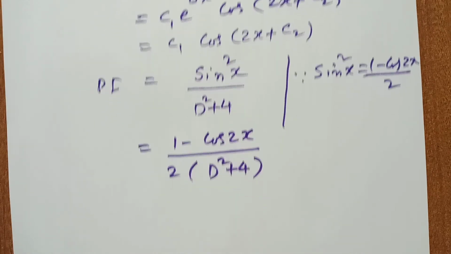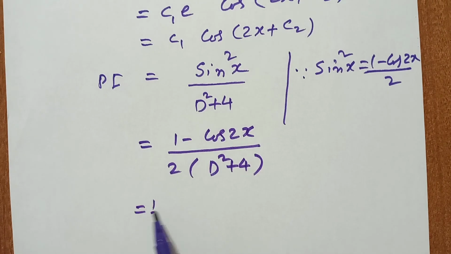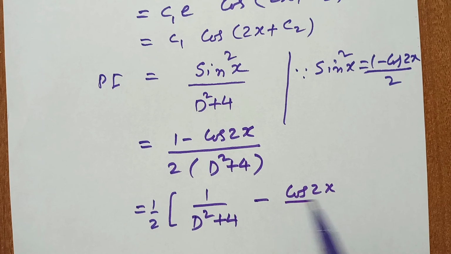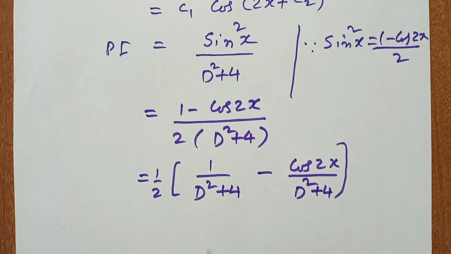Okay, so here this equals 1 by 2, 1 upon d square plus 4 minus cos 2x upon d square plus 4.